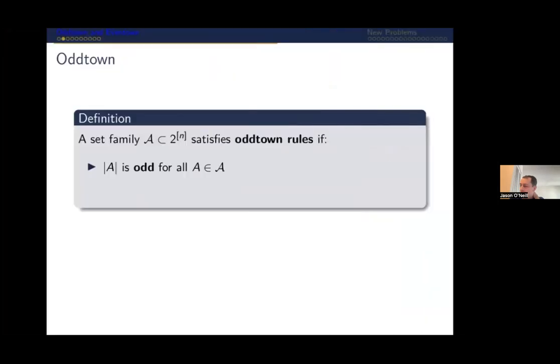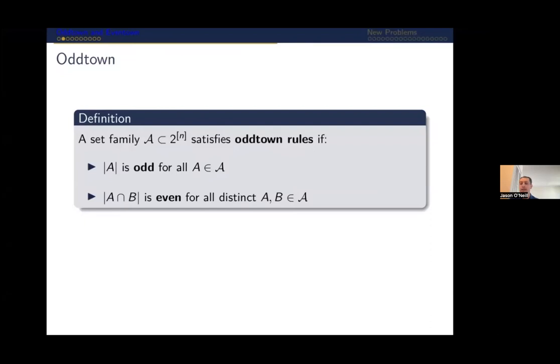The oddtown theorem looks at subsets of an n element set where each subset A in your collection has an odd number of elements, and between any 2 sets in the collection, there are an even number of elements in their intersection. Throughout today's talk, we're going to give conditions on the sets, the pairwise intersections, and other things, and then our question is, how large of a set family can we have?